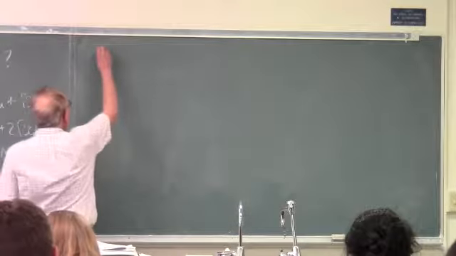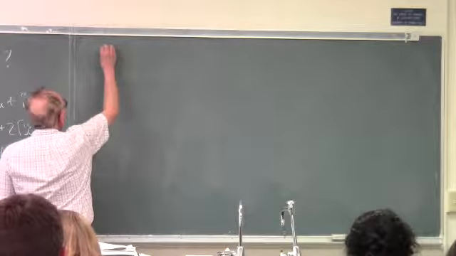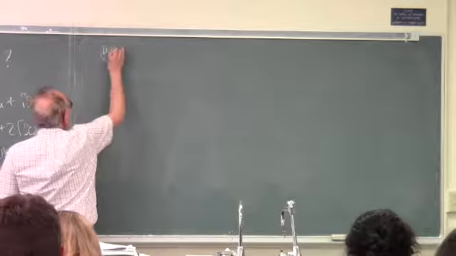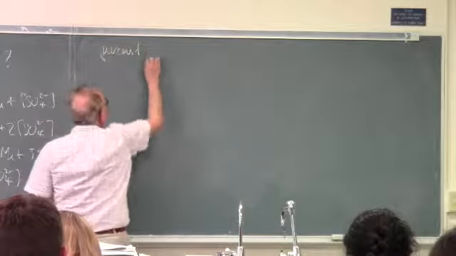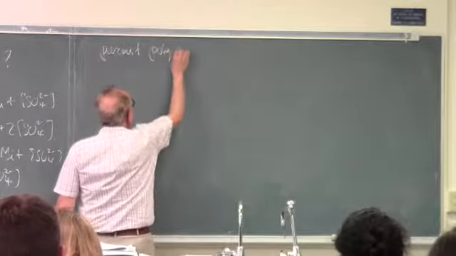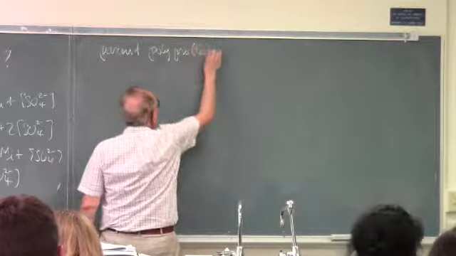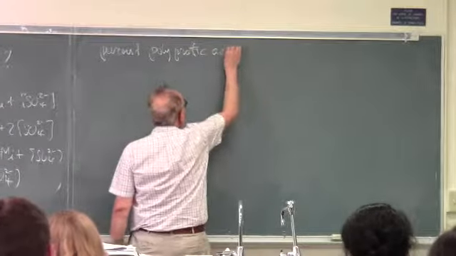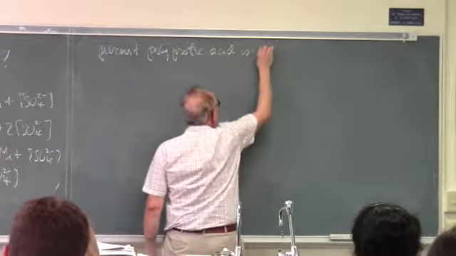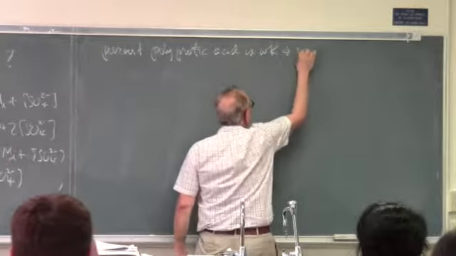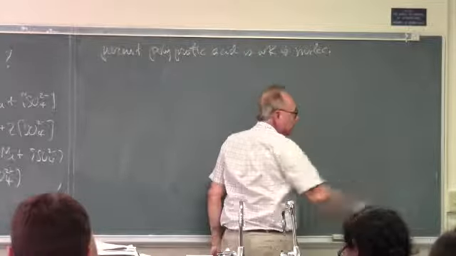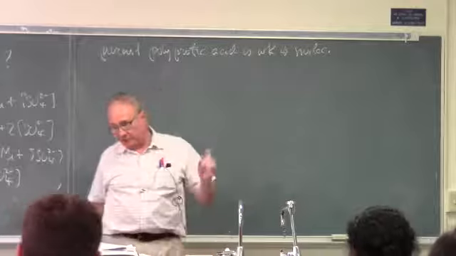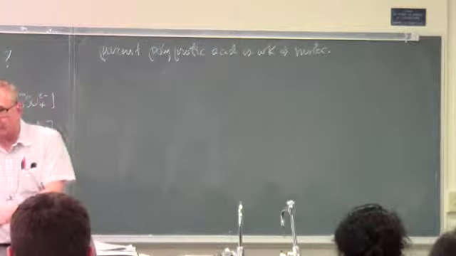Okay? So we go to case 2. Parent polyprotic acid is weak and molecular. The one we just looked at, the parent acid, was strong, but molecular.